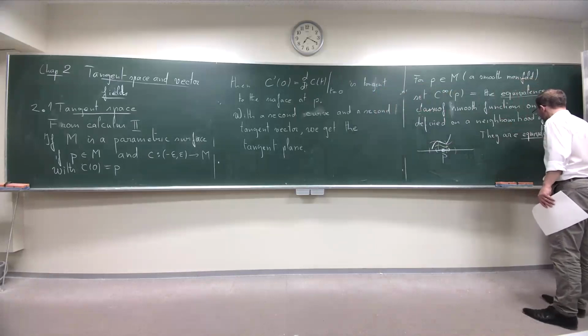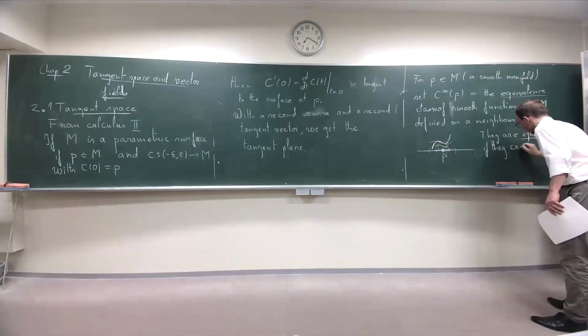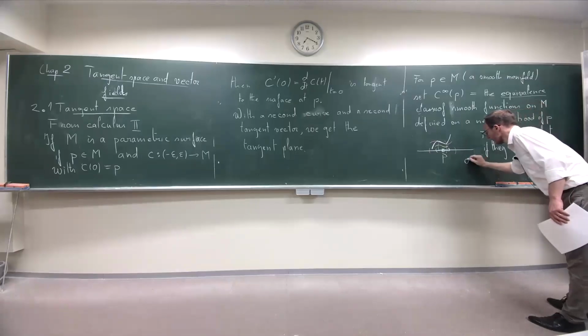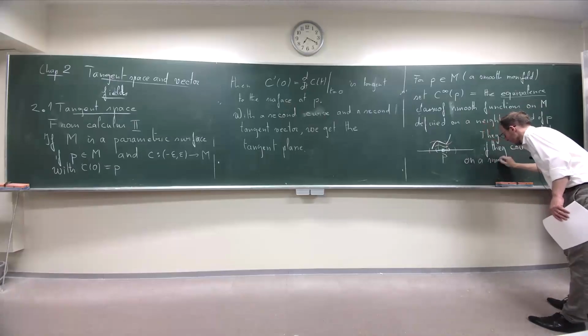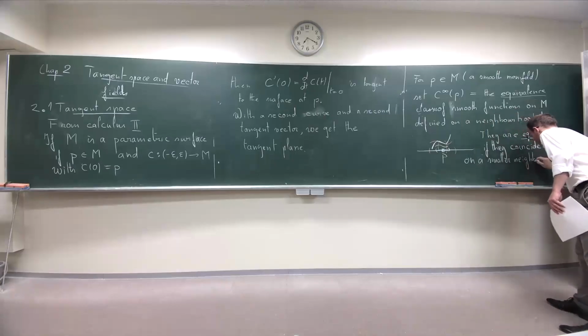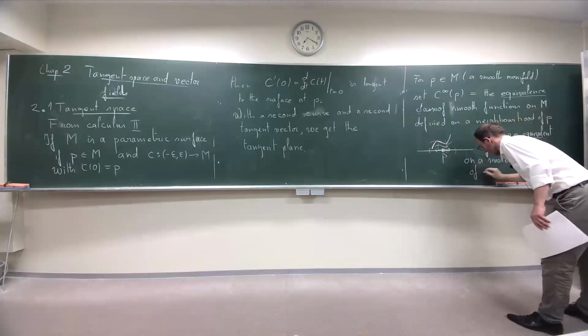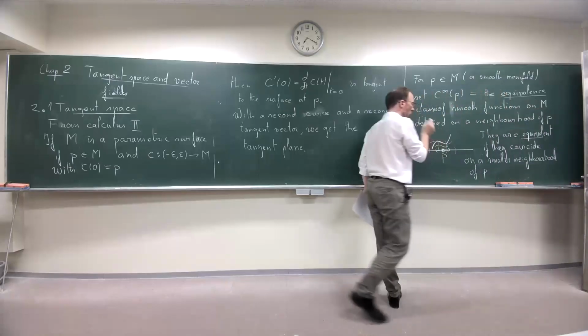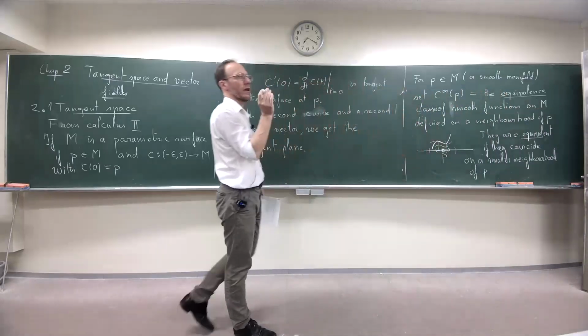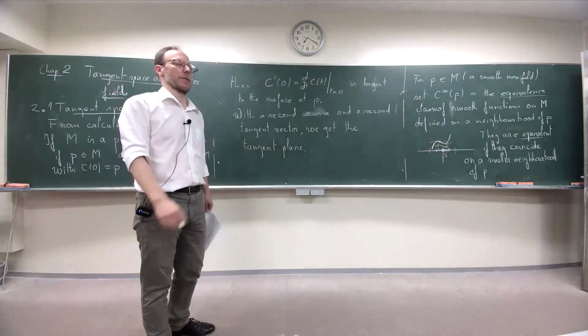So I need to define that they are equivalent if they coincide on a smaller neighborhood of P. So as long as two functions are equal just in a small open set containing P, I say that they are in the same equivalence class.